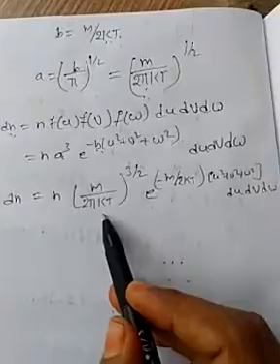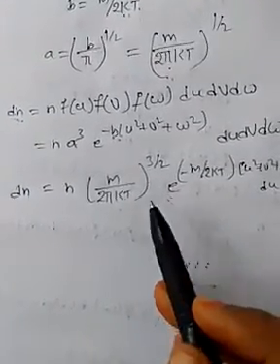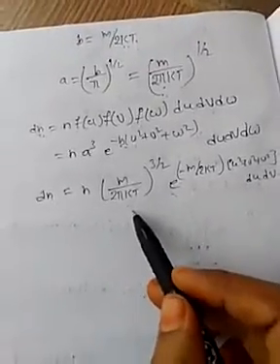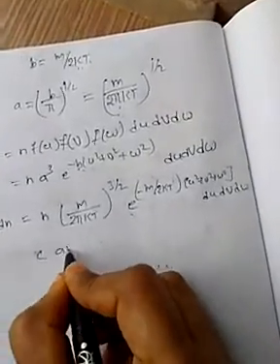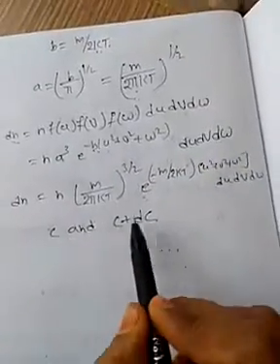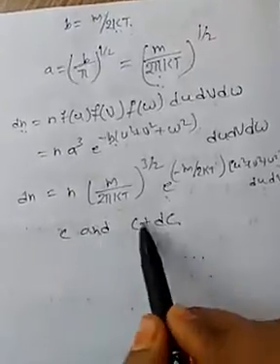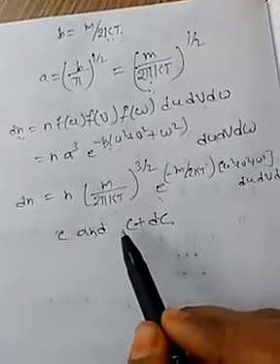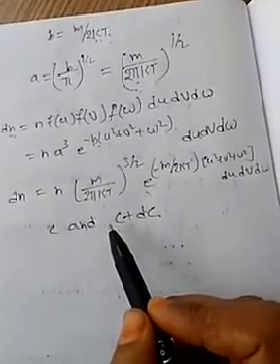This is Maxwell's distribution law. Again, here the total number of molecules that lie in the speed range C and C plus dc, so how many molecules have their speed lying between C and C plus dc, will be obtained by taking the volume element in the space between two concentric spheres.